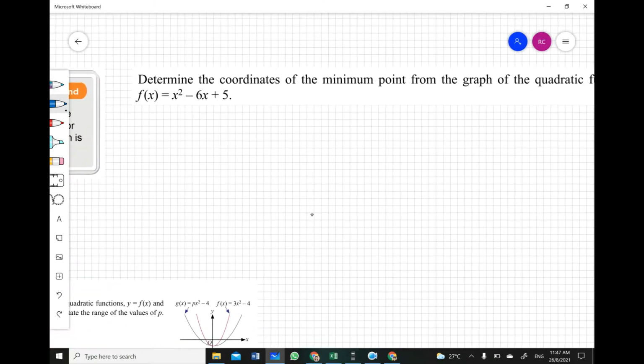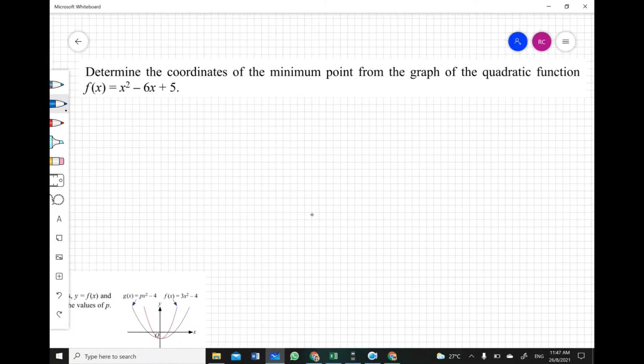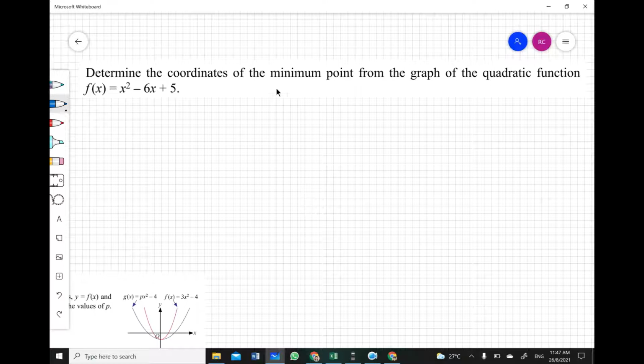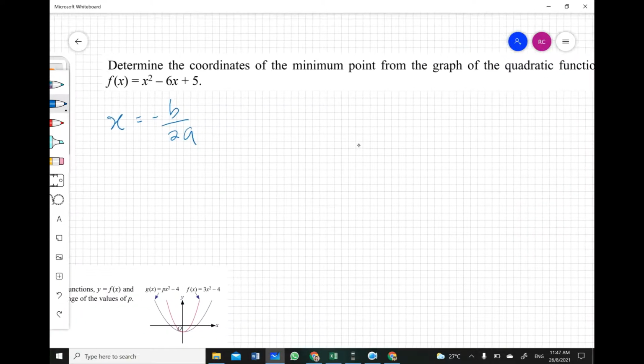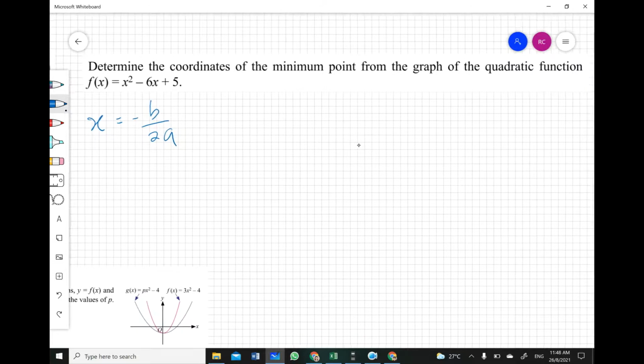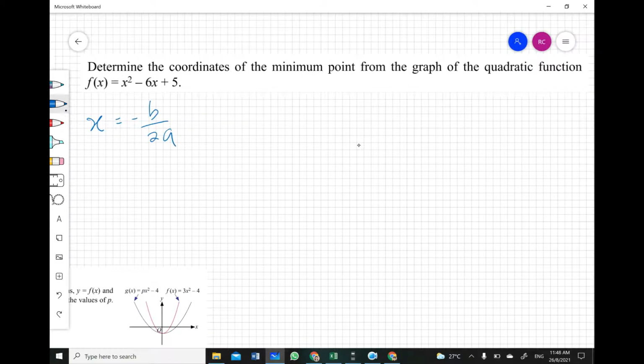Let us look at the question together. Determine the coordinates of the minimum point of the graph of the quadratic function f(x) = x² - 6x + 5. So we can apply x = -b/2a to find the value of x. Do you have any idea how to solve this?